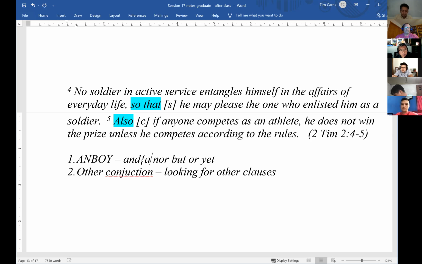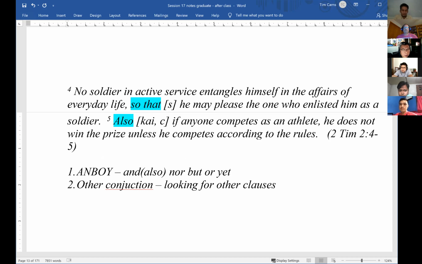In English, sometimes "also" is the same as "and." But honestly, the translation here is the word kai, so they should have just translated it as "and."